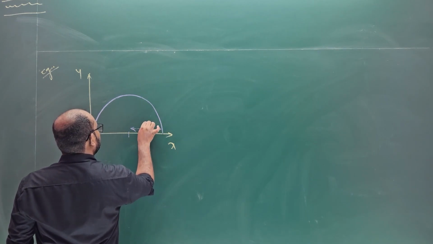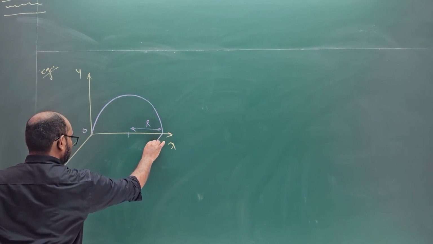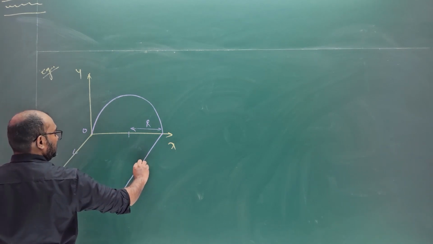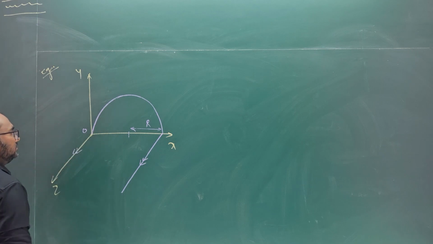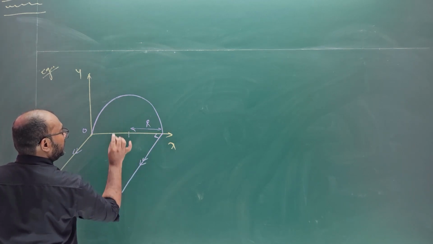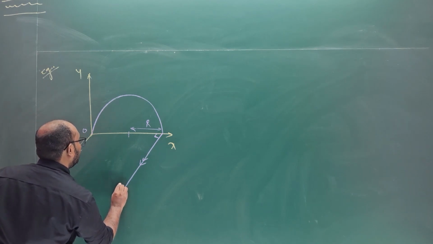Its radius is r. This one and this one both are parallel to each other. Okay, and this one is perpendicular, and finally the object moved in this direction.